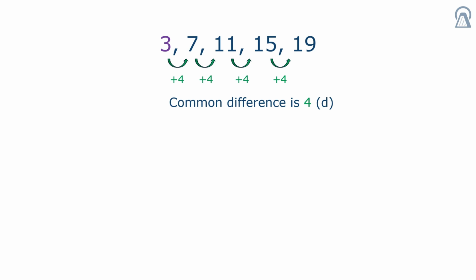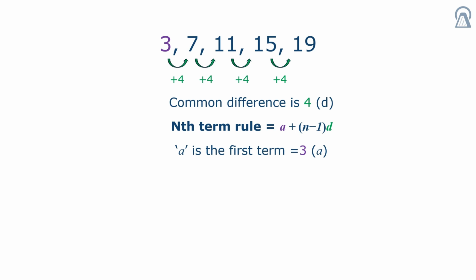And that is that we take A, which is the first term, in this case 3, and we add it to one less than the term we're looking for. So if we were looking for the 5th term, for instance, we do 5 minus 1. And we then multiply our result by what we call the common difference. So in this case, we said this was 4, for example.